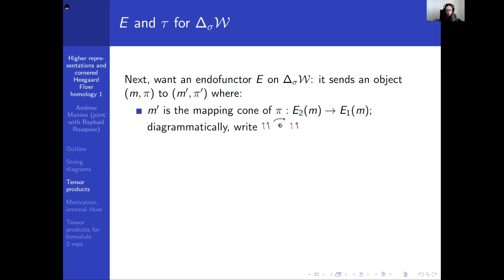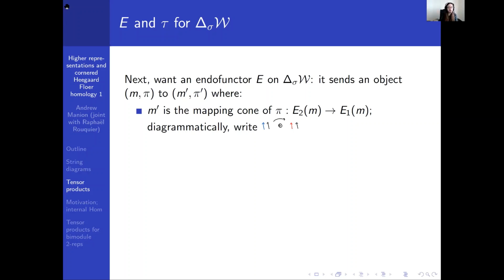In general, this m prime will be the mapping cone of pi. I can think of that as E2 of m direct sum with E1 of m, objects in W bar I, but with a differential from the first one to the second one. That extra component of the differential is given by pi.